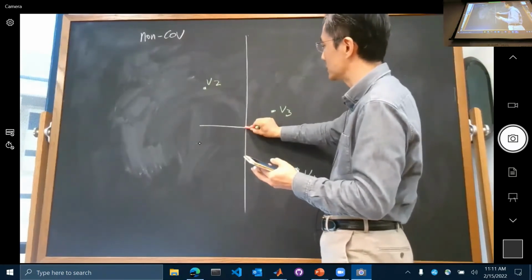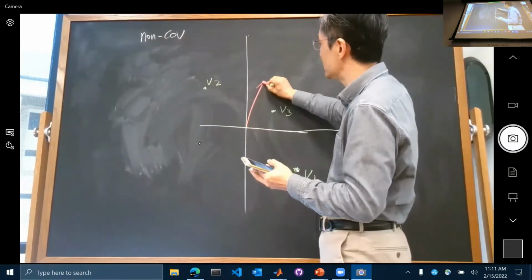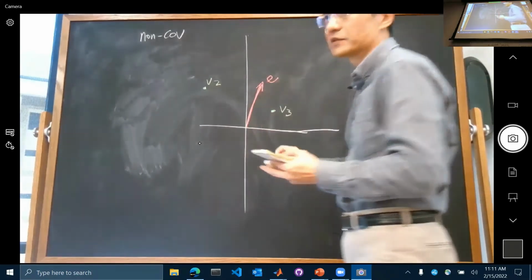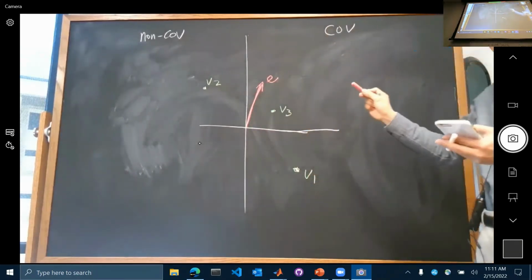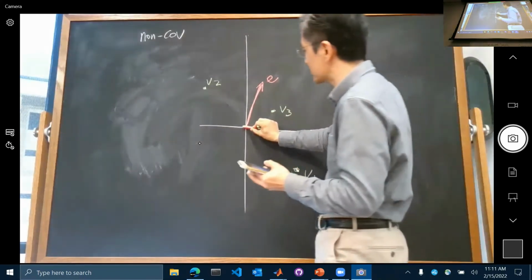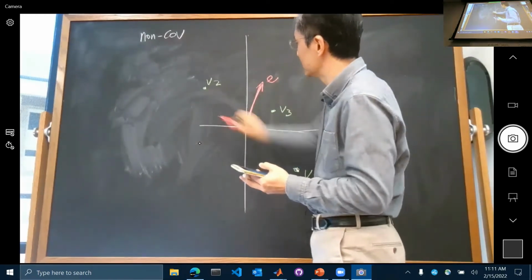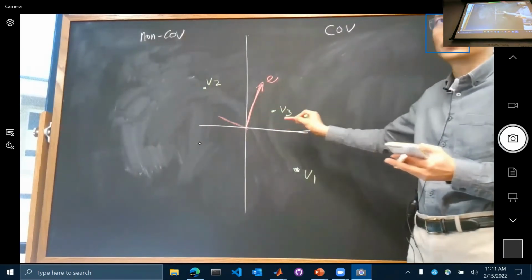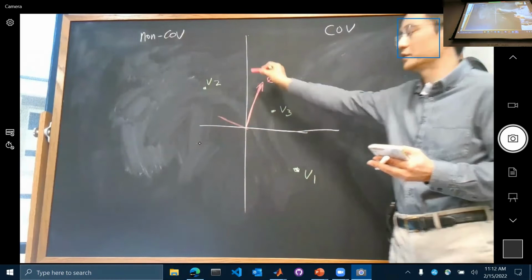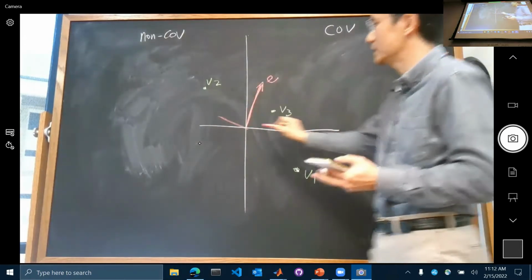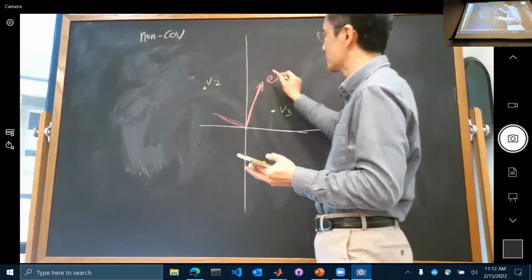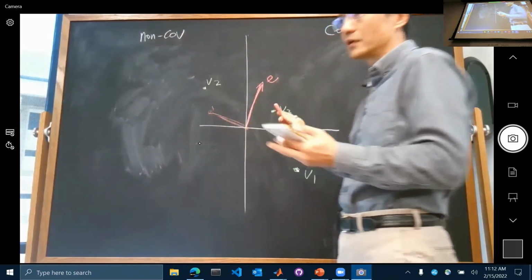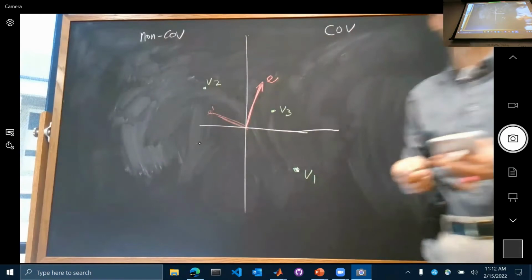I select this E as a new x-axis I'm trying. So you have the y-axis somewhere here, right? My original is 1, 0, 1, that's in the white, but now I select this E and its orthogonal vector as a new coordinate system.